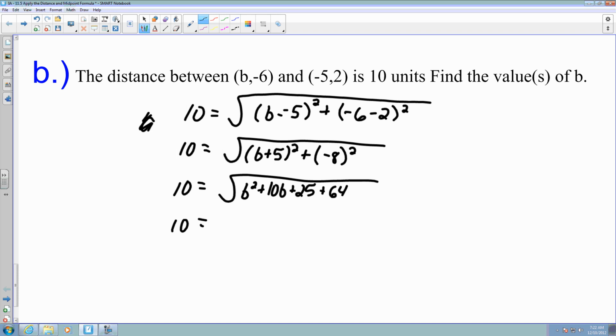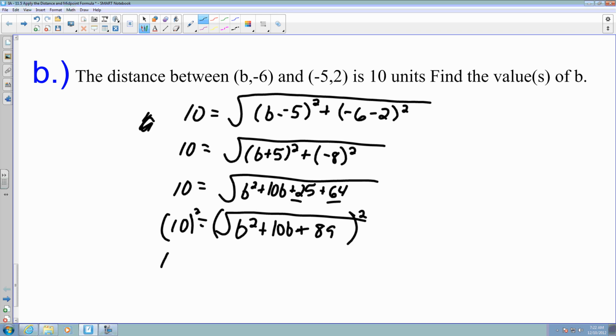So now I have 10. Now I'm going to combine my numbers together. We got b squared plus 10b plus 89. So now we're at a point where I can't simplify anymore inside the square root. I must square both sides to get rid of it.